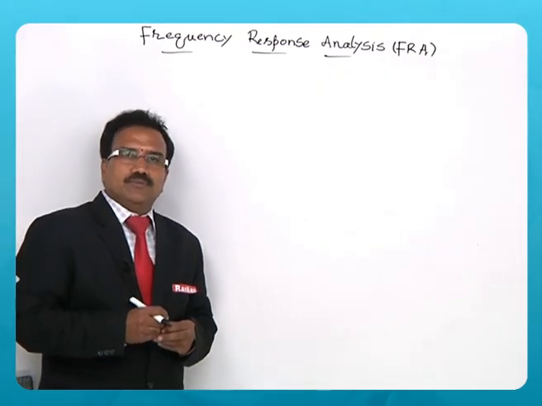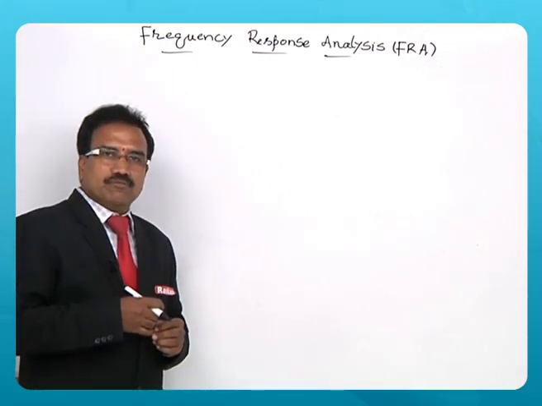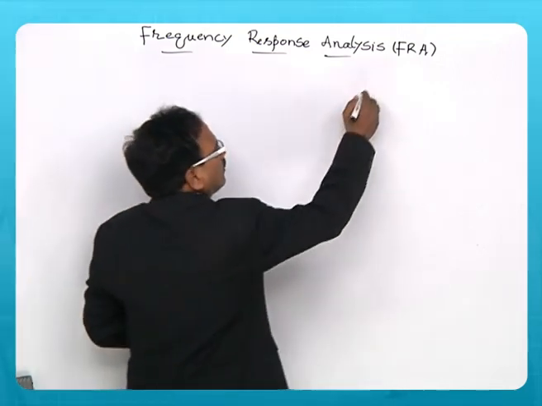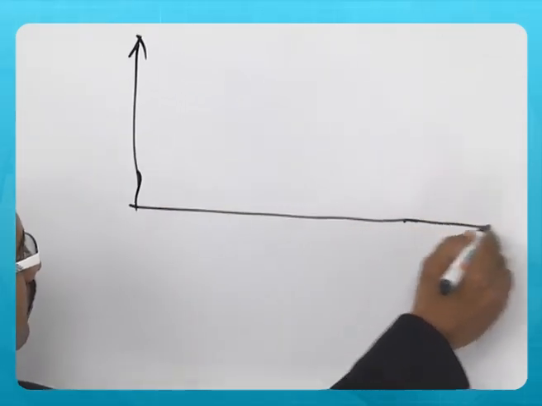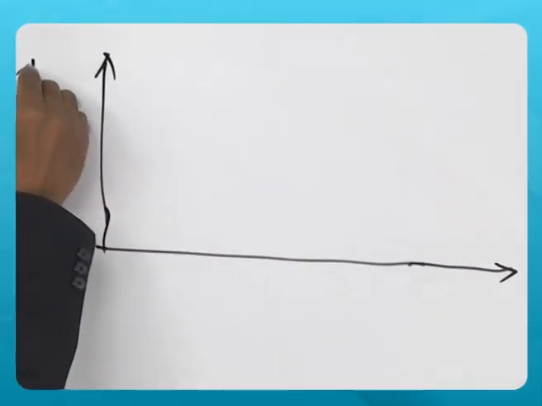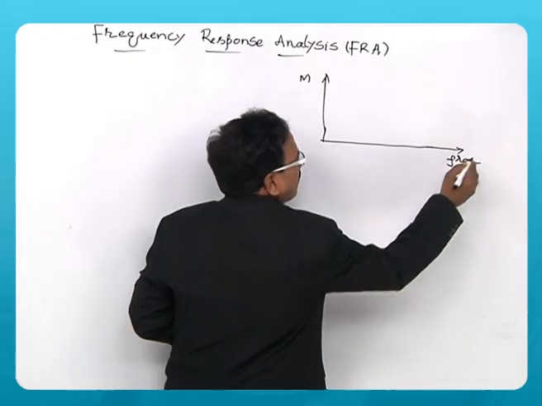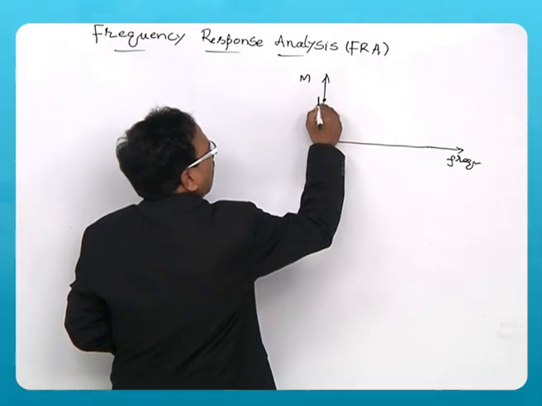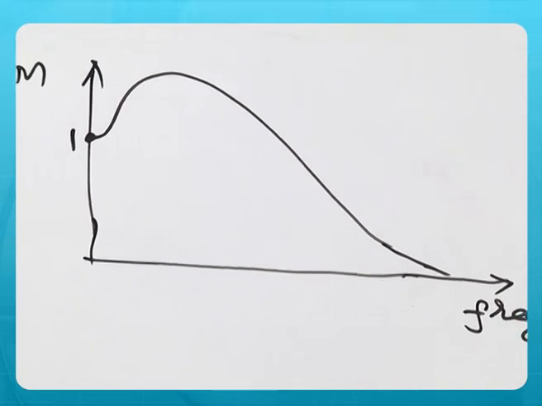In order to get an expression for bandwidth in terms of zeta and undamped natural frequency, consider the magnitude curve, a plot between magnitude in decibels and frequency on the x-axis. You get this.